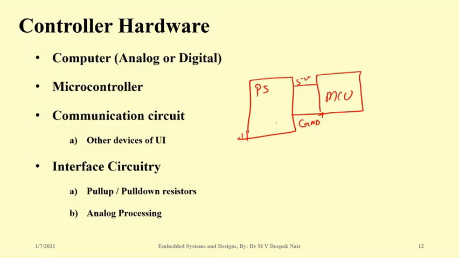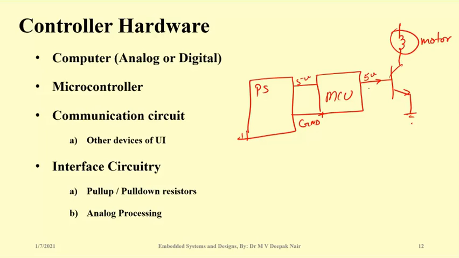This microcontroller is providing a 5 volt output to trigger some relay, or it might be that you are using a transistor to drive a motor. This is a motor, and you know that a motor cannot be driven directly by a microcontroller unit.